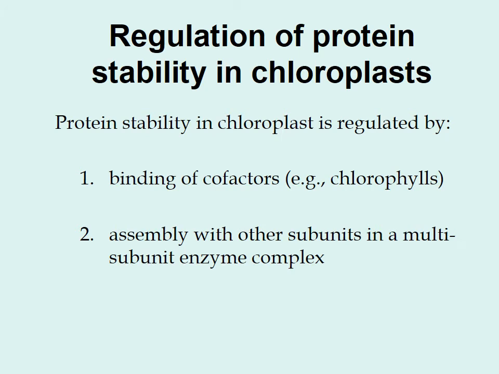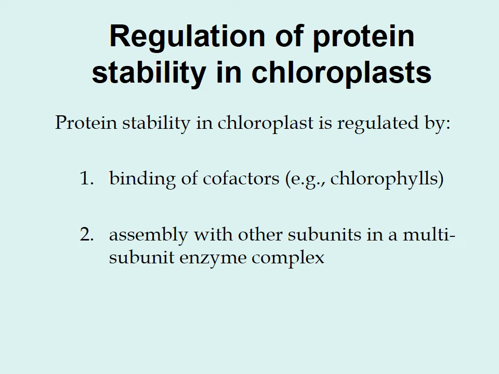Now the regulation of protein stability in the chloroplast is triggered again by the binding of the chlorophyll molecule to the photosystem proteins. One thing that we must keep in mind is that the photosystem protein is the apoprotein.